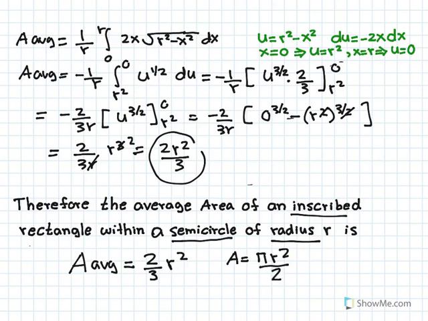So there it is. But of course, let me emphasize this: this is the area of the semicircle, and this is the average area of the inscribed rectangle within the semicircle. All right, thank you.